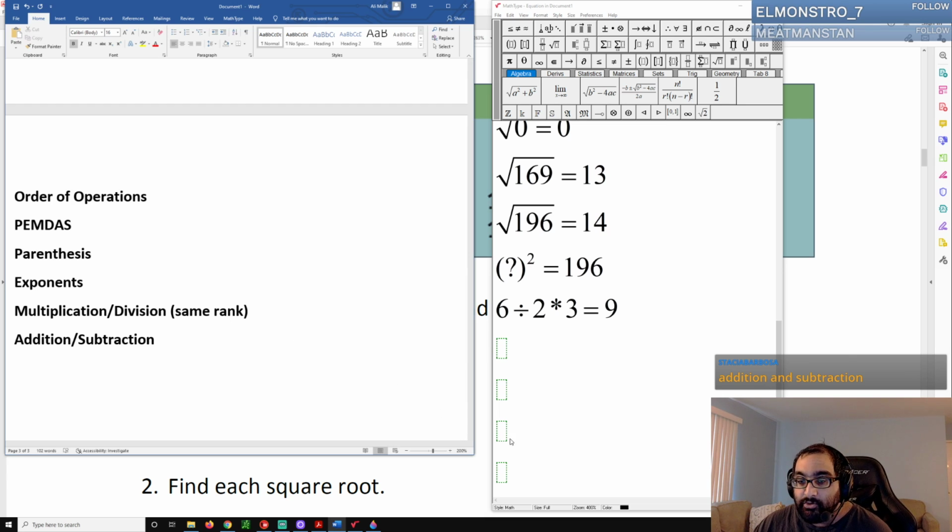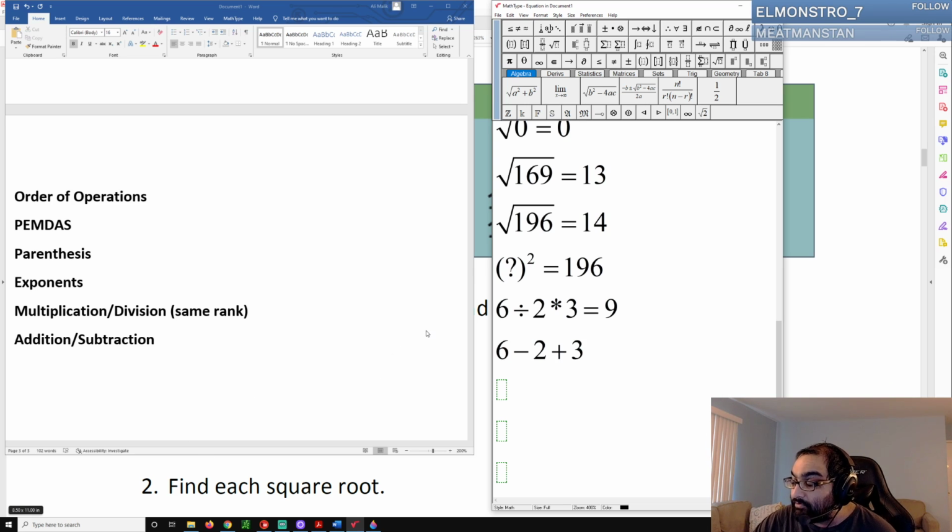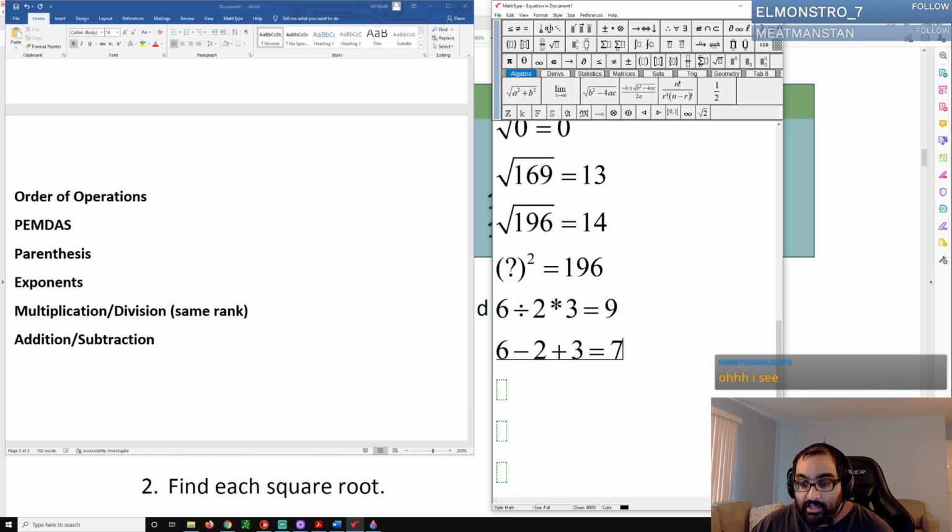It's like if you did 6 minus 2 plus 3, for example. You would just go from left to right. So this would be 6 minus 2, 4, plus 3 would be 7, and that wouldn't be a problem.